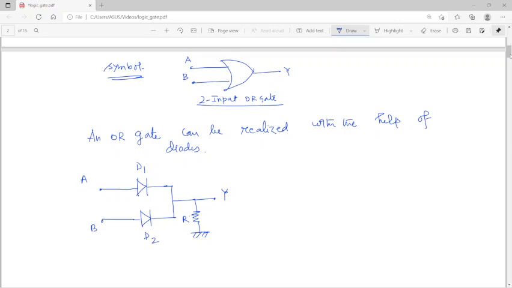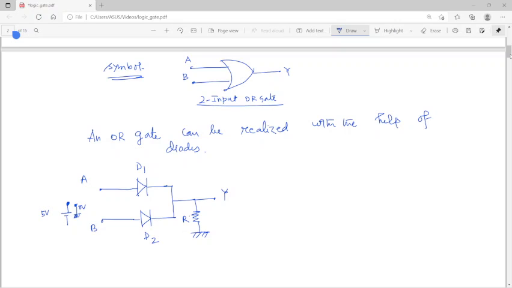This is a flexible point, and you can either connect it to the battery or connect it to the ground. That means this is the high voltage, this is the zero voltage.